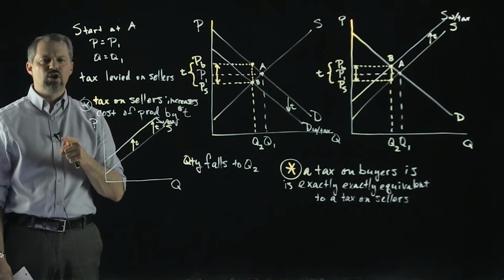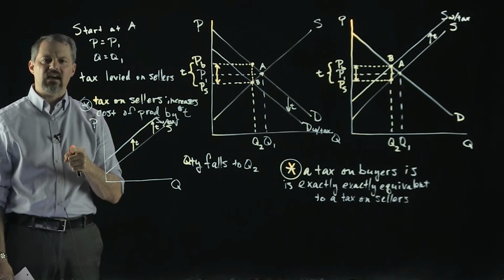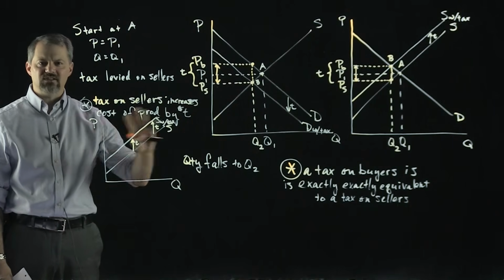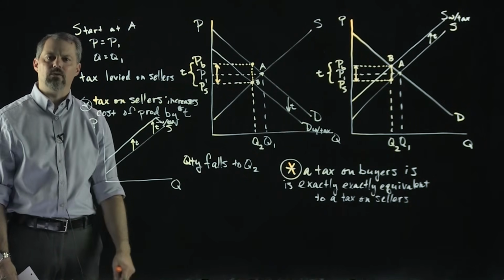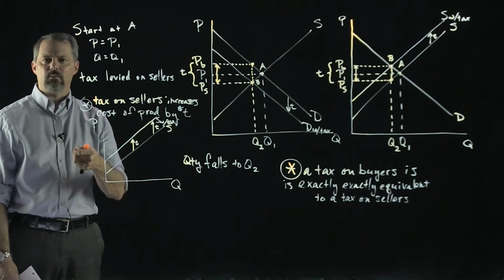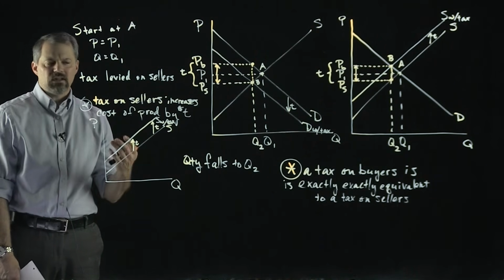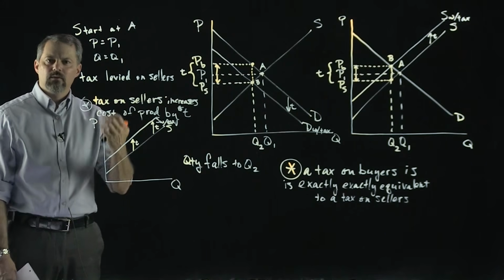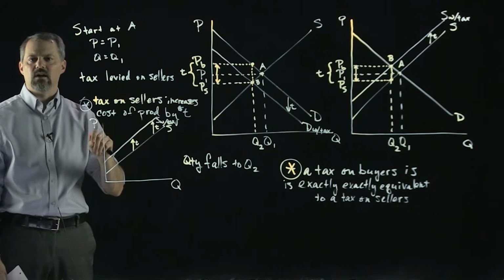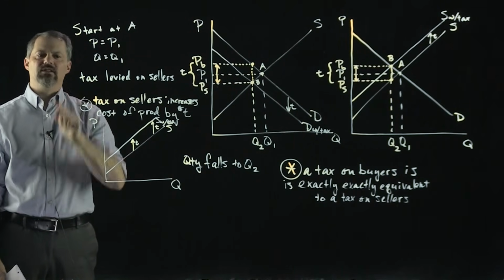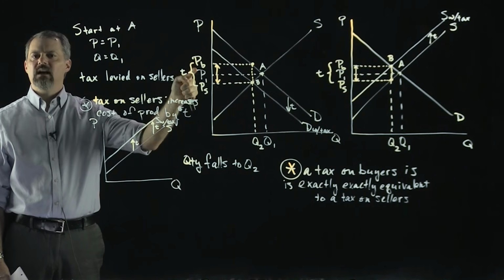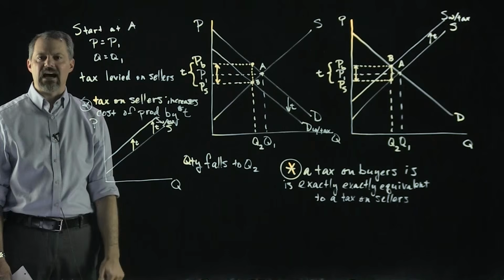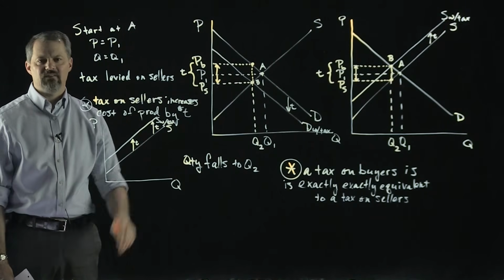It doesn't matter which side of the market you cut taxes for. All of that is a smokescreen. It doesn't matter. You either tax a market or you don't. You either lower taxes on a market or you don't. It doesn't matter which side of the market you impose the tax on. Government is powerless to determine how much it drives the buyer's price up and how much it drives the seller's price down. The government does not have that power.